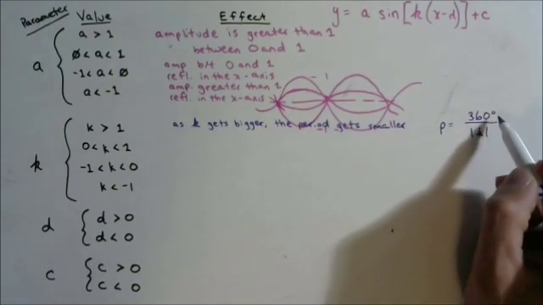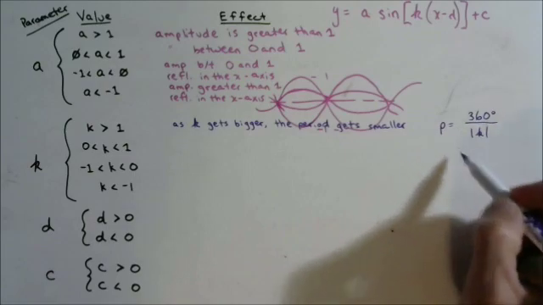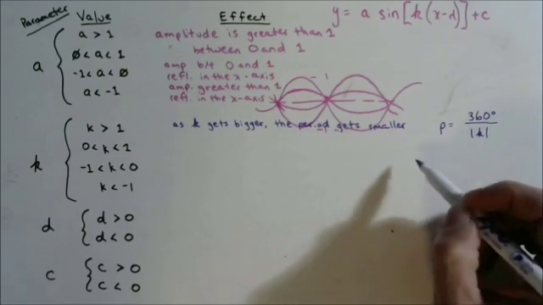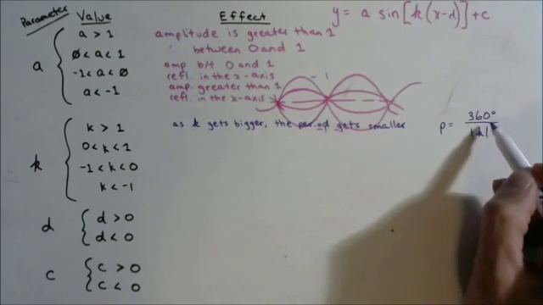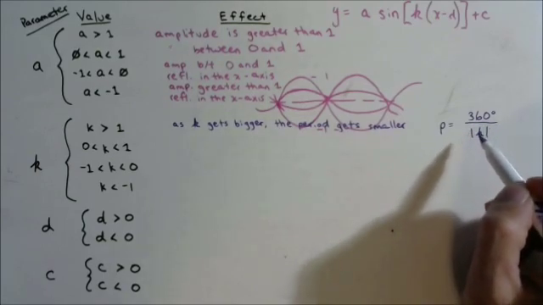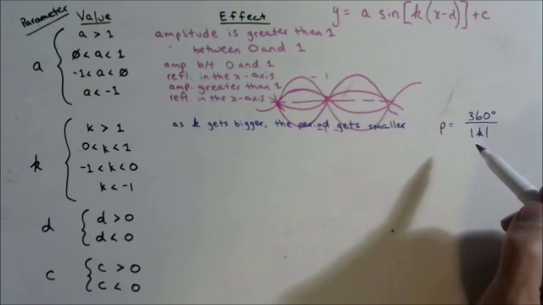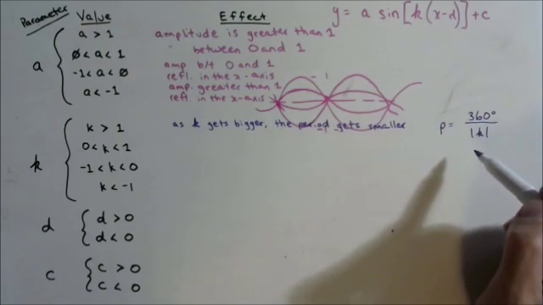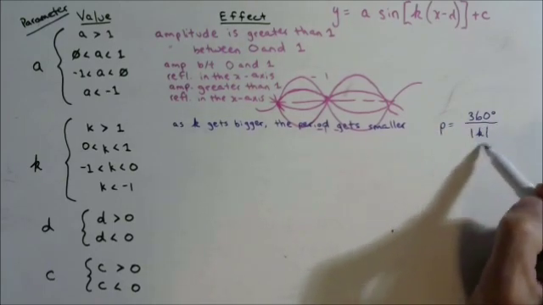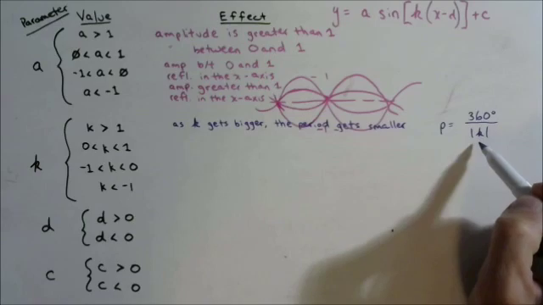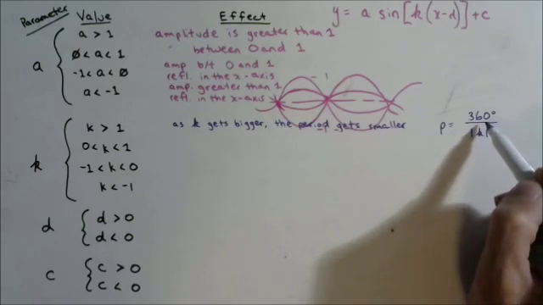The time it takes for the terminal arm to make one full rotation, and therefore the graph to make one full cycle, is 360 degrees. And because of the relationship, horizontal compression or stretch by a value of 1 over k, that's what's happening here. It's one cycle divided by k. And so as k gets bigger, the period length is going to get smaller.